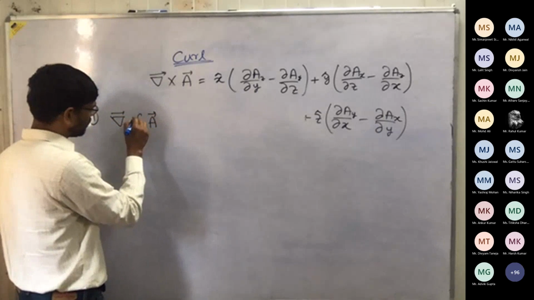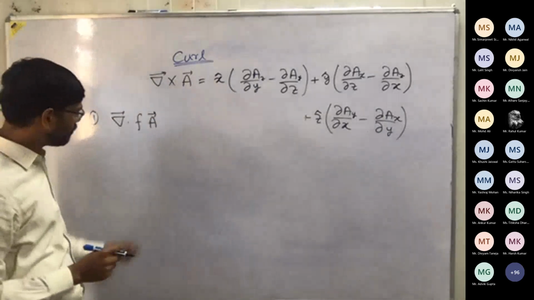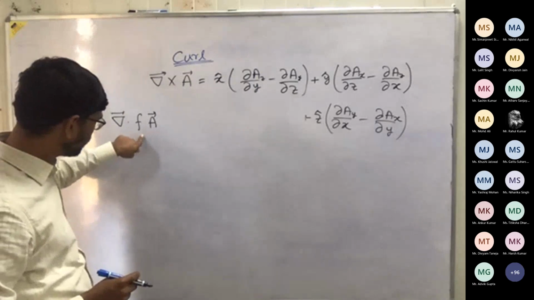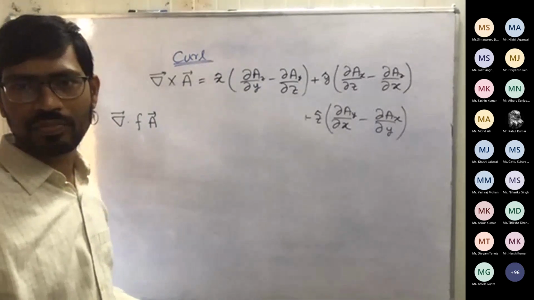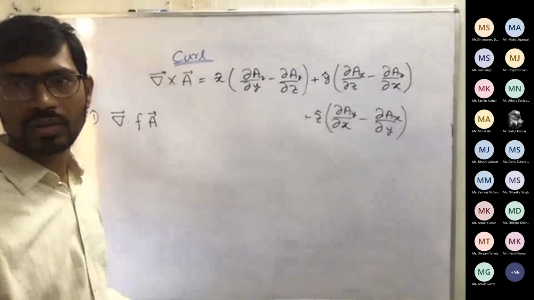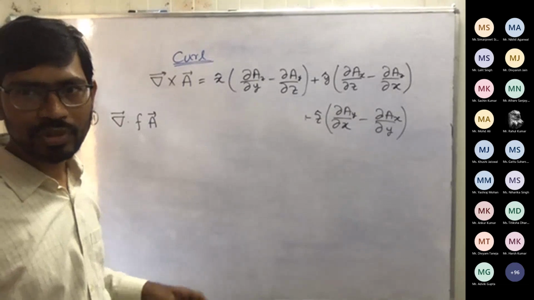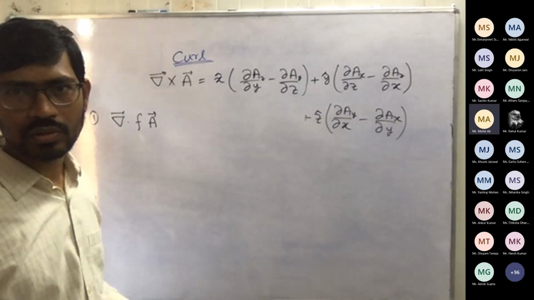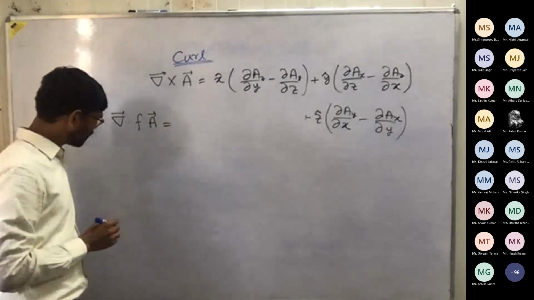So this is a valid operation, right? F is a scalar quantity. You can call it a general scalar field, right? Can you see the board clearly? Yes, sir.